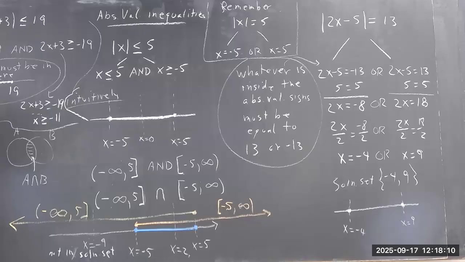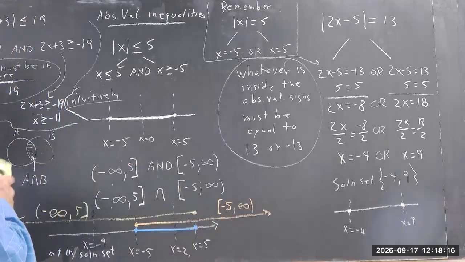You get x greater than or equal to negative 11. Now that's all messed up, so I'm going to erase this Venn diagram.